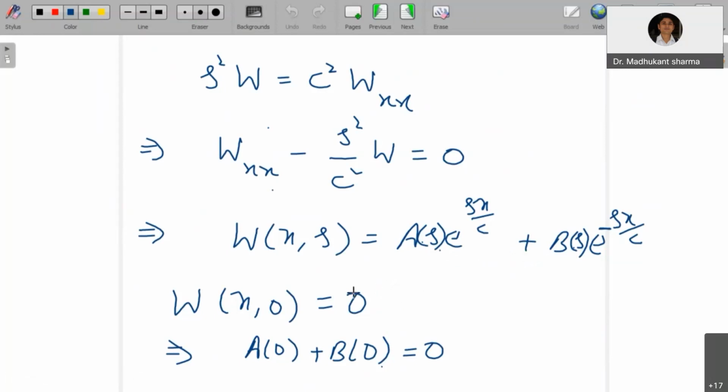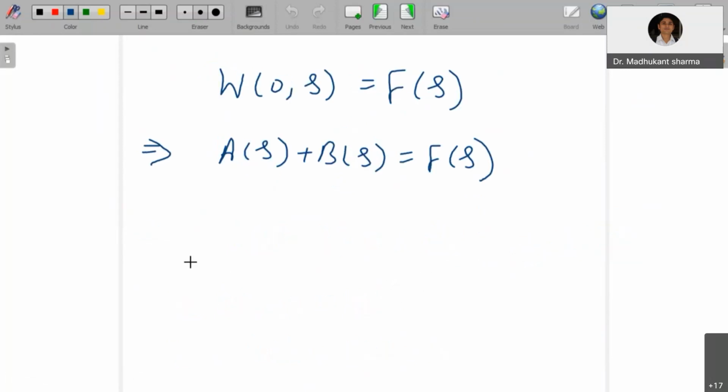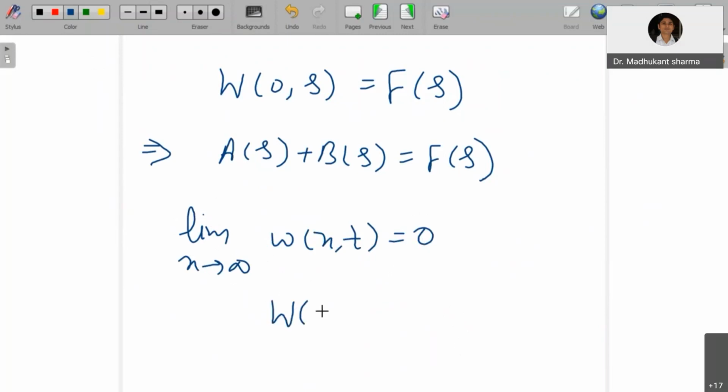Yeah, one more piece of information was there: limit as x tends to infinity, w of x comma t is 0. We have to use this information. So the Laplace transform of w of x, t is W, so this is the final value theorem, if you recall. That also tells you limit as x tends to infinity, W of x comma s is 0.